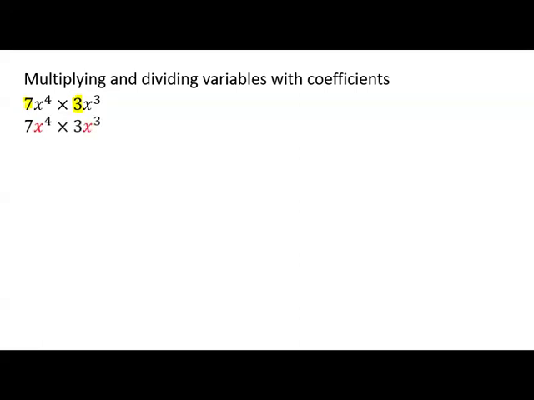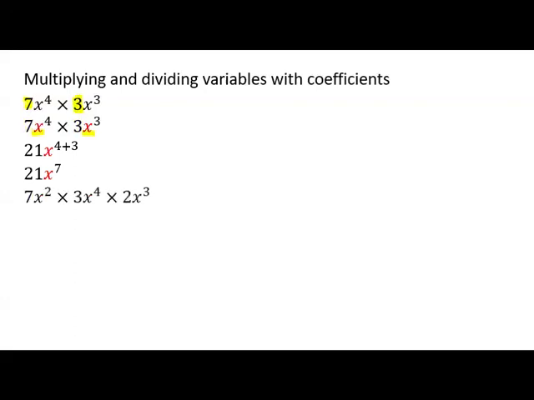So when you multiply 7 with 3, what do you get? You get 21. But when it comes to x multiplied by x, you will write it as x, but you add the exponents, which will be 4 plus 3. 4 plus 3 will give you 7.